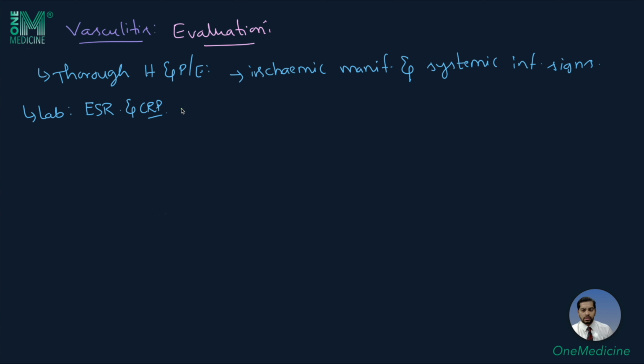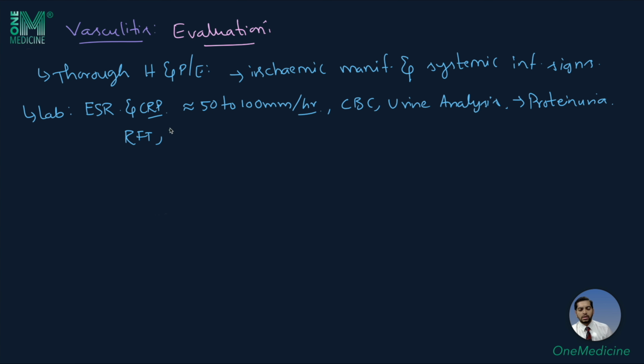In vasculitis, erythrocyte sedimentation rate is generally in the range of 50 to 100 millimeter per hour, and even C-reactive protein is raised. Other tests include complete blood count, a urine analysis with special attention to proteinuria, which can be a marker of early kidney involvement. Renal function tests, liver function tests are also performed.